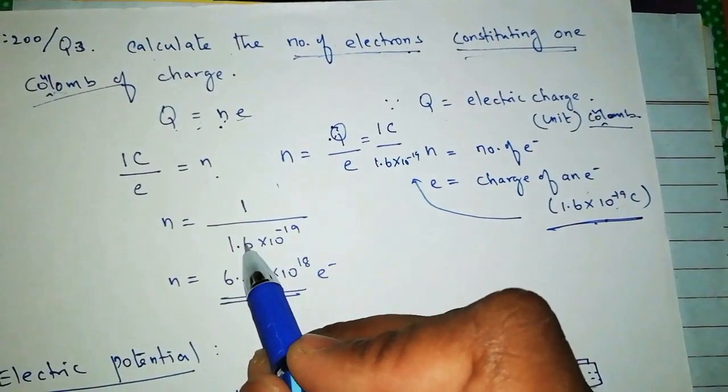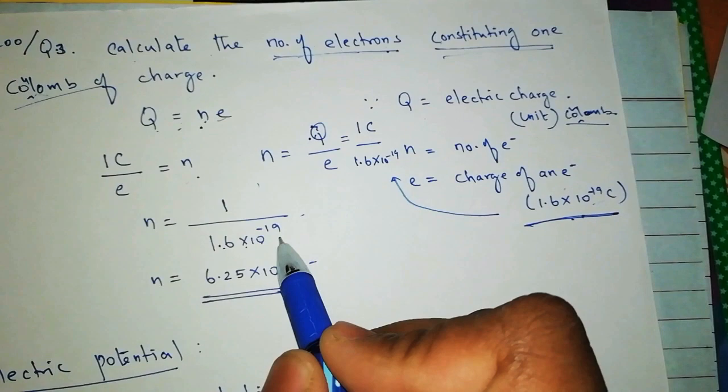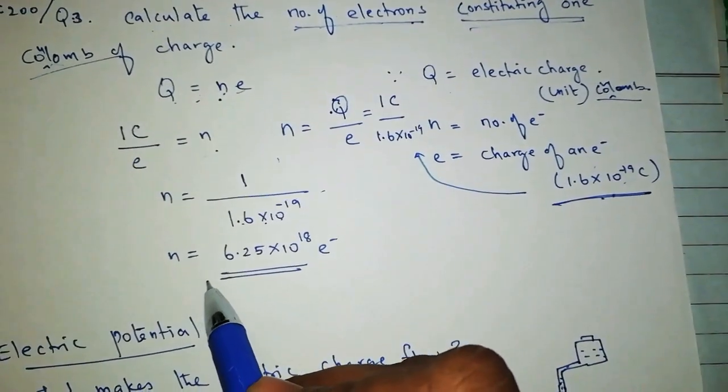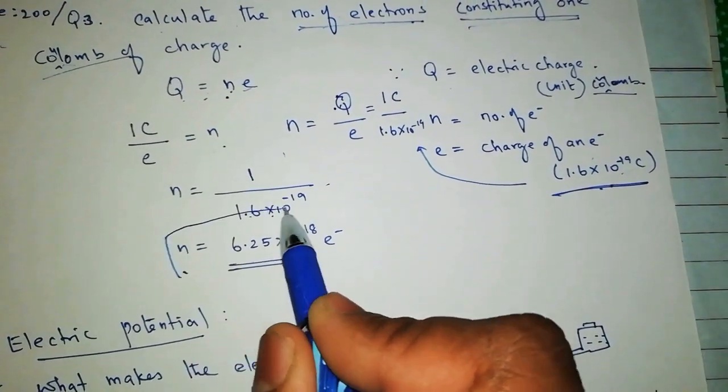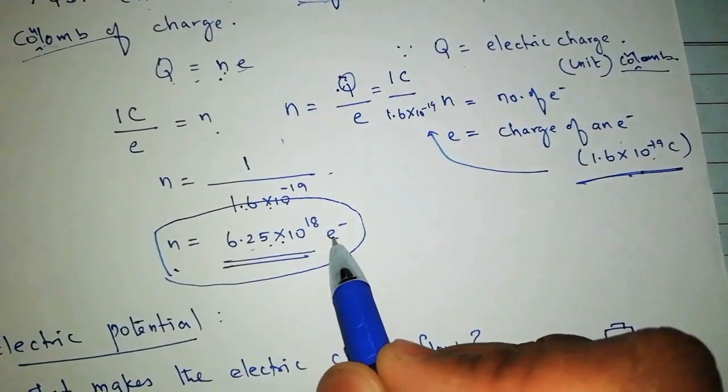So N is equal to 1 by 1.6 into 10 to the power of minus 19, and if I divide it, we are going to get the answer 6.25 into 10 to the power of 18 electrons.